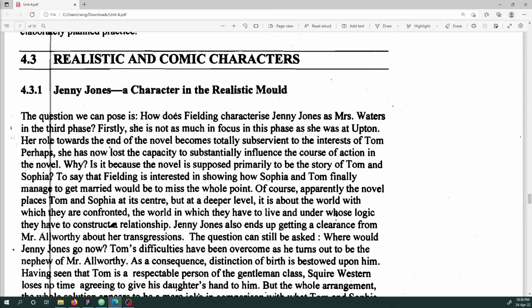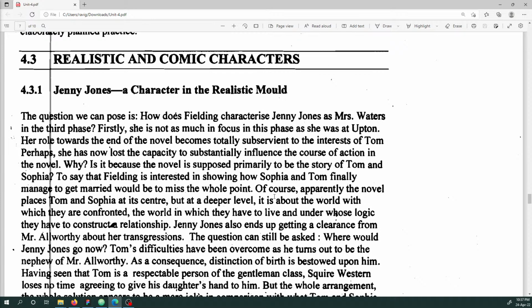Why? Is it because the novel is supposed primarily to be the story of Tom and Sophia? To say that Fielding is interested in showing how Sophia and Tom finally managed to get married would be to miss the whole point.